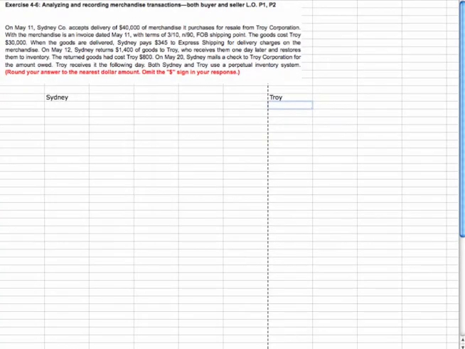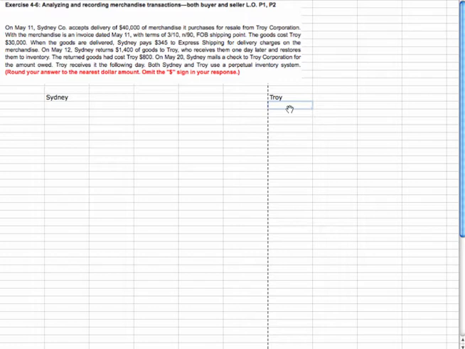Once again, let's practice doing journal entries for analyzing and recording merchandise transactions for both the buyer and the seller. So in this particular problem, on May 11th, Sydney Company accepts delivery of $40,000 worth of merchandise it purchased for resale from Troy. So in other words, Sydney is our buyer, Troy is our seller.